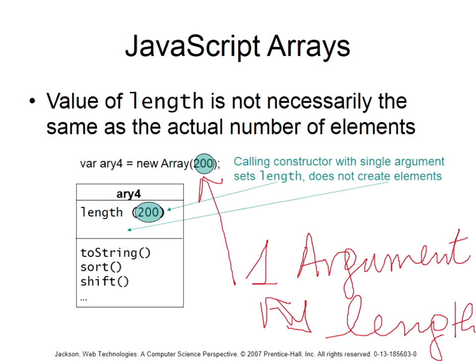The length. So for example, I write var array = new Array(5). So 5 is not the first value of the array, it's the length of this array. That means this array contains 5 elements.